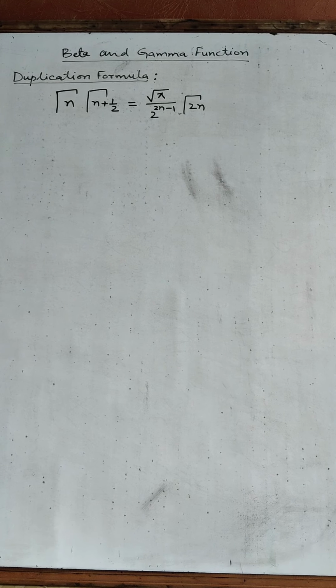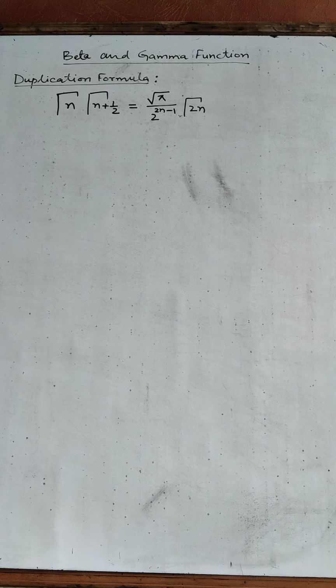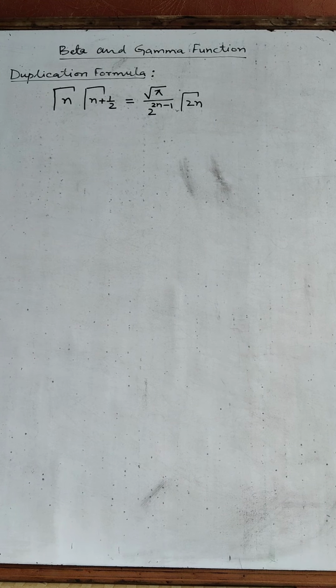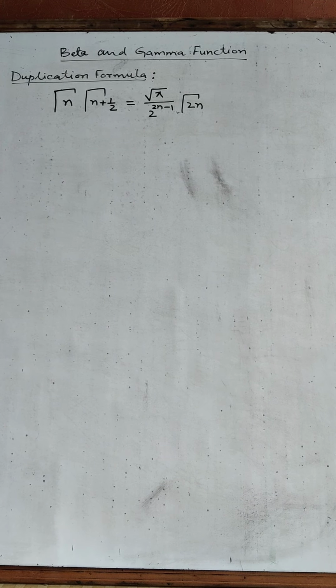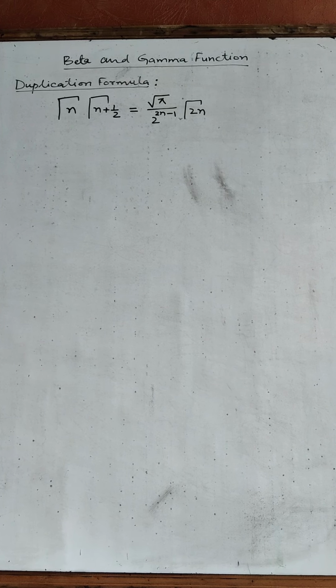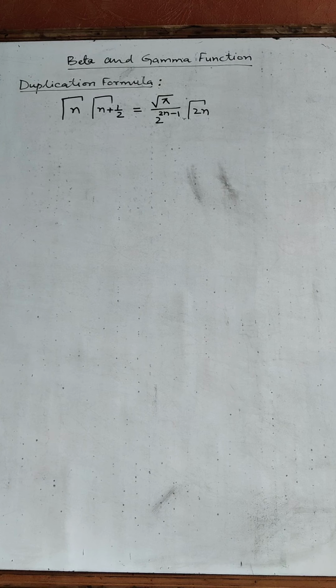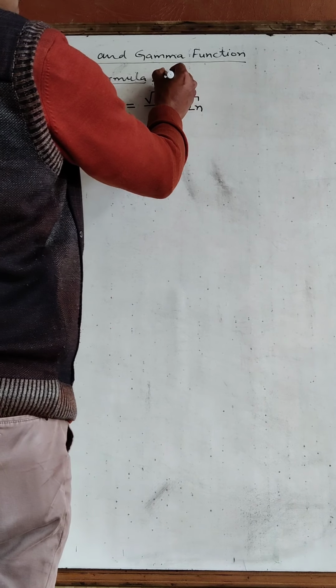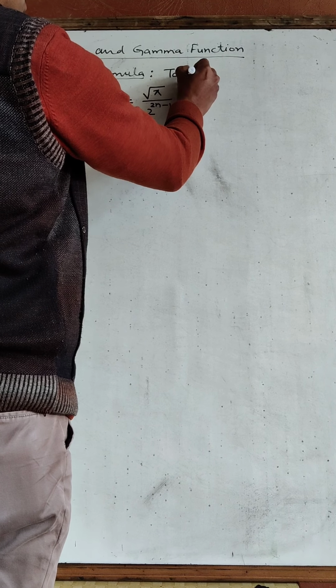This is the duplication formula. Once again, gamma of n into gamma of n plus 1 by 2 is equal to root pi over 2 raised to the power 2n minus 1 into gamma of 2n. So we will prove the duplication formula.